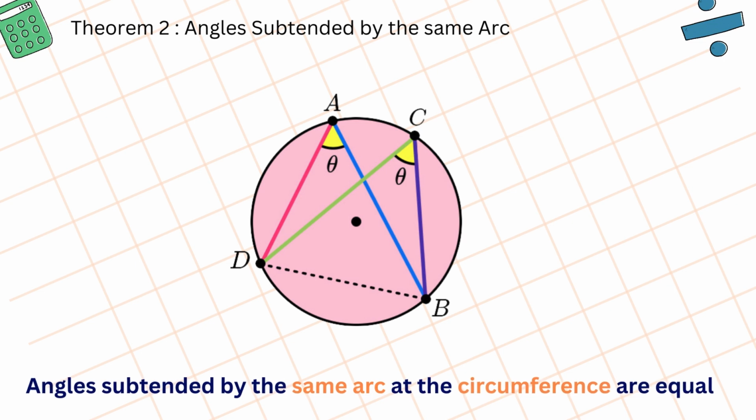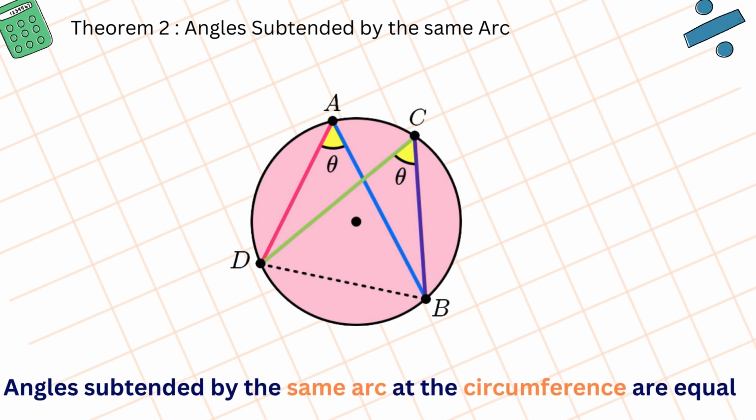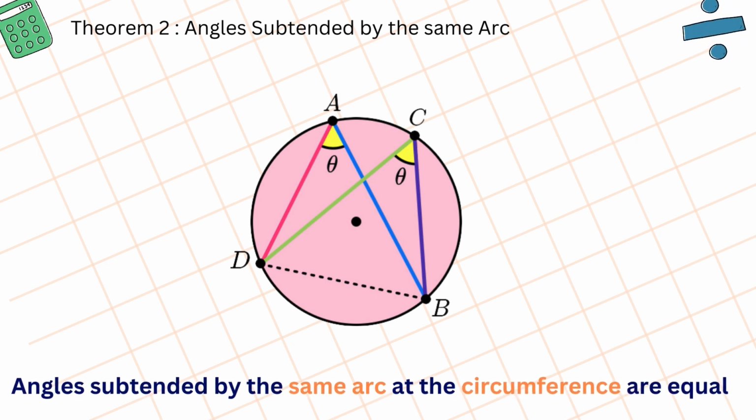Theorem number 2, angles subtended by the same arc. This theorem states angles subtended by the same arc at the circumference are always equal. The term subtended also means created or produced.